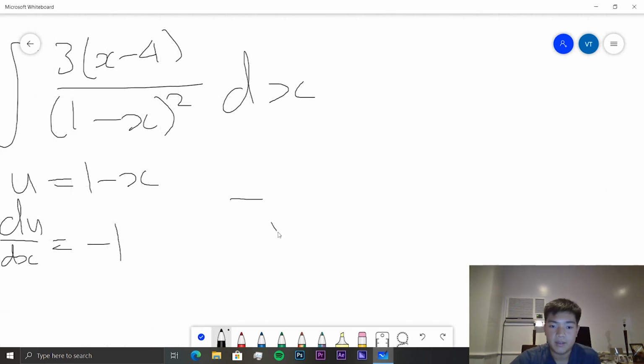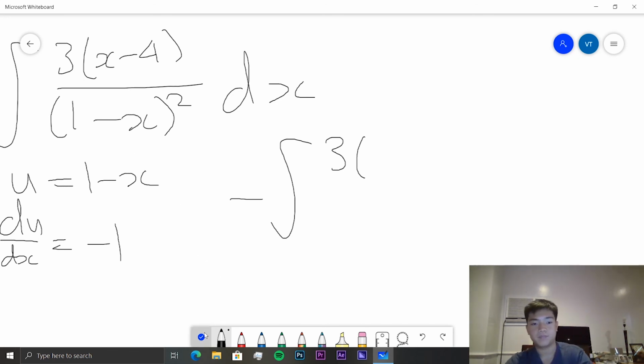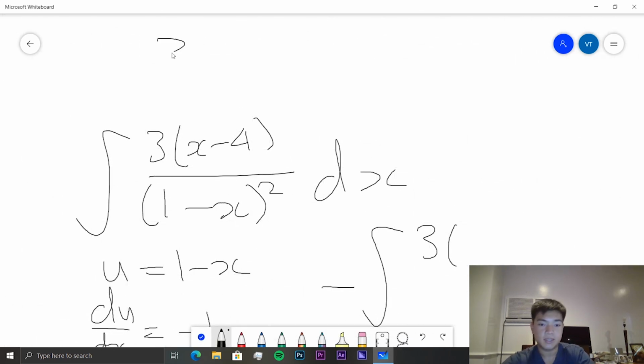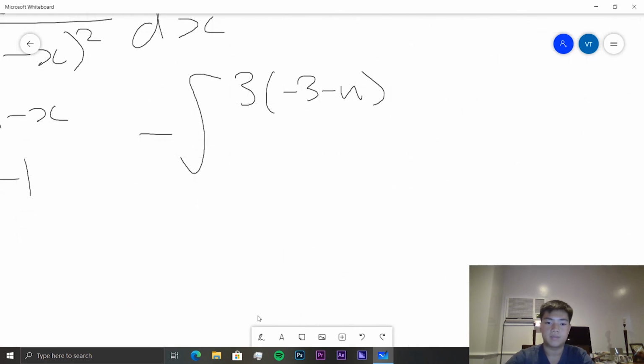So we have negative 3 times, well, we can convert this: x equals 1 minus u. What's x minus 4 in terms of u? X is equal to 1 minus u, so we have 1 minus u minus 4, so minus 3 minus u, all over u squared.